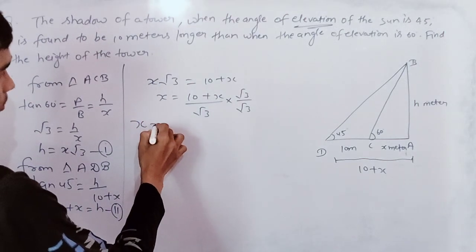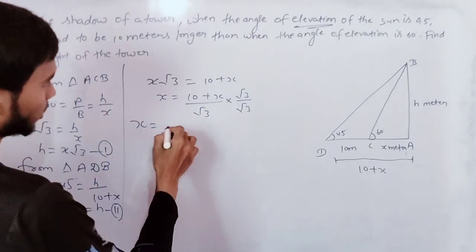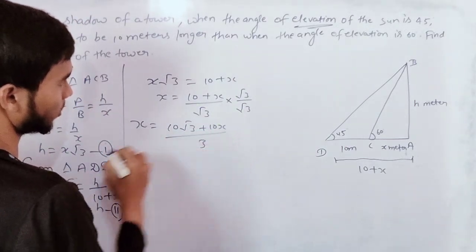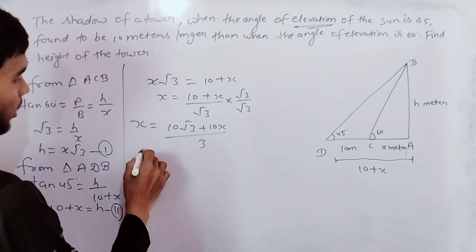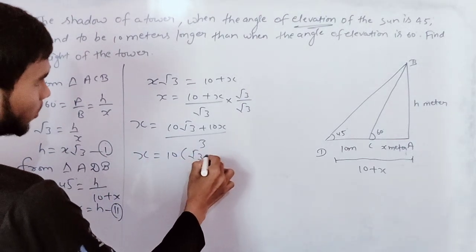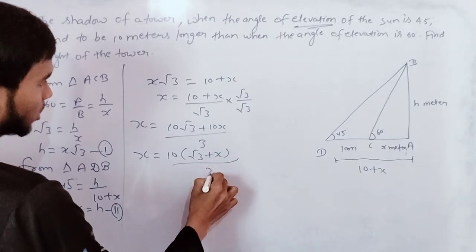Now here, 10 root 3 plus 10x. It will become 3. Here 10 is common. 10 is common, root 3 plus x upon 3.